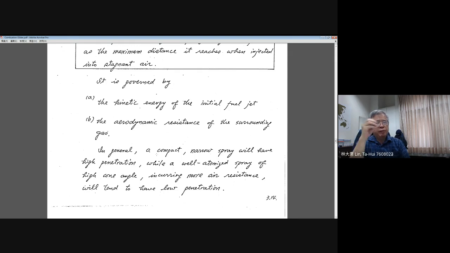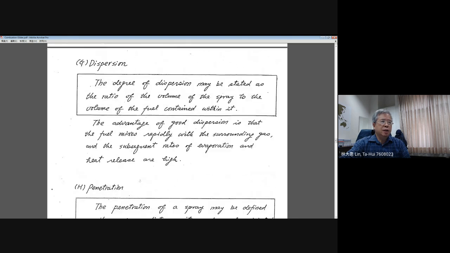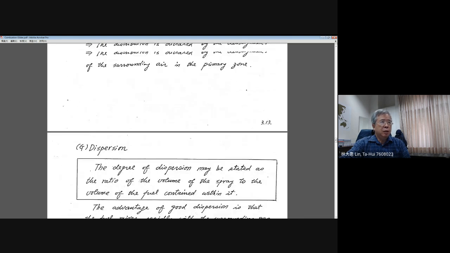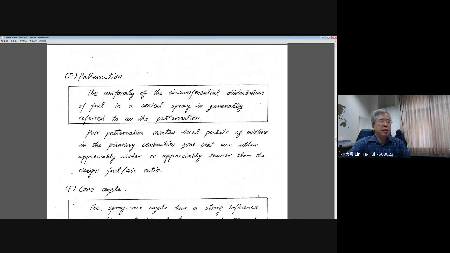Then you need to identify it with different kinds of characteristics. Remember these several important factors you need to consider: penetration, dispersion, cone angle, and also patternation. And the most important thing is the droplet size evaluation you need to run.